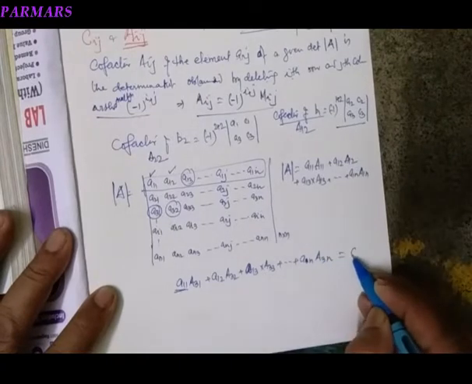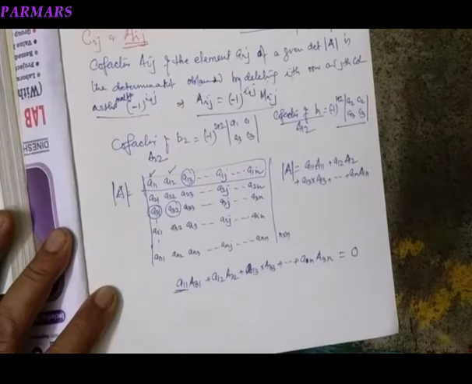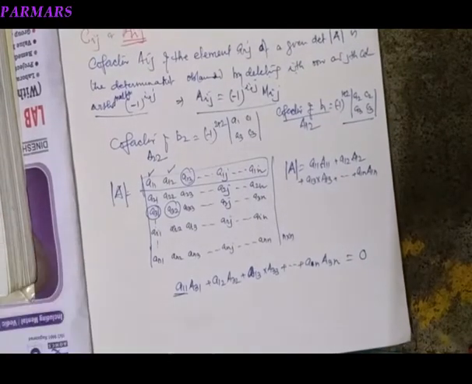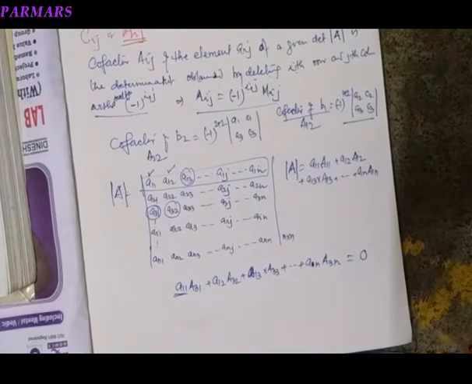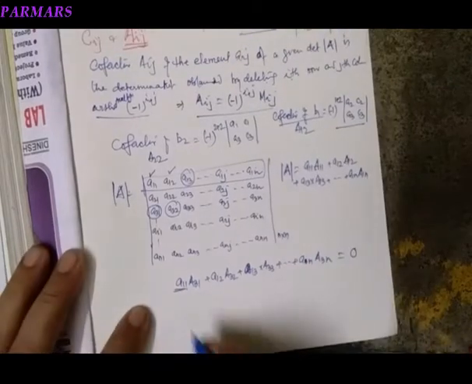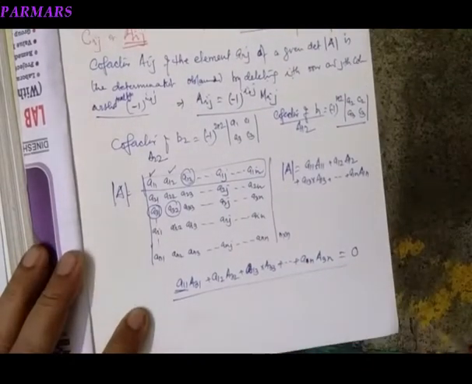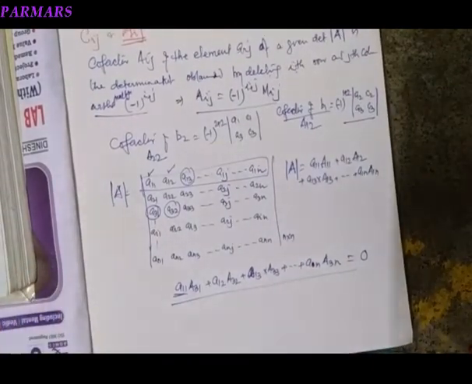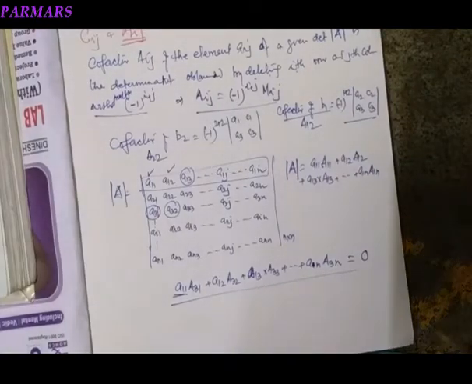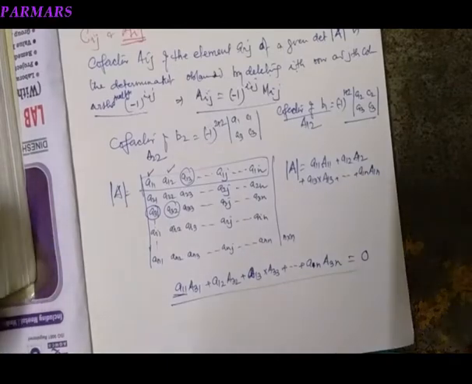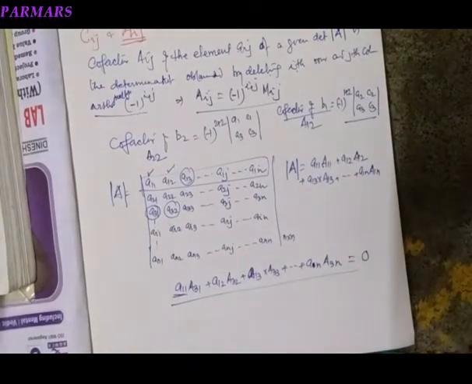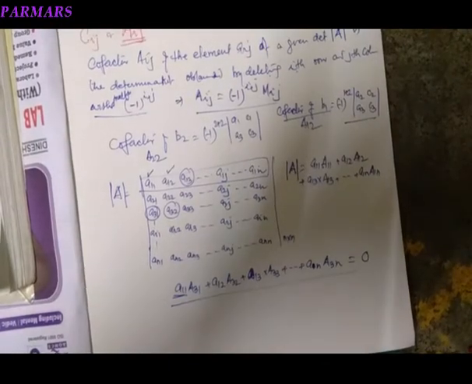You understand, the elements of the first row and correspondingly the cofactors of the third row. You will get 0. You can verify it by taking a 3 order determinant, and you will find the same thing. This is a very good property. Any elements of any row, if multiplied with the corresponding cofactors of another row, their sum must be equal to 0. This is what minors and cofactors are.